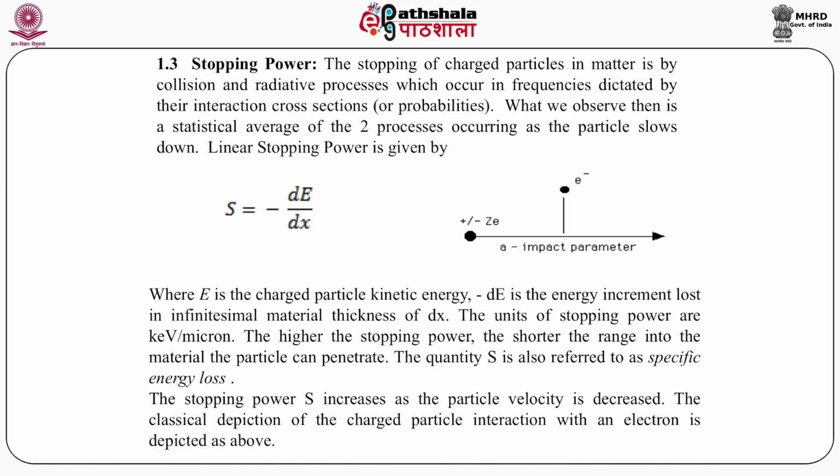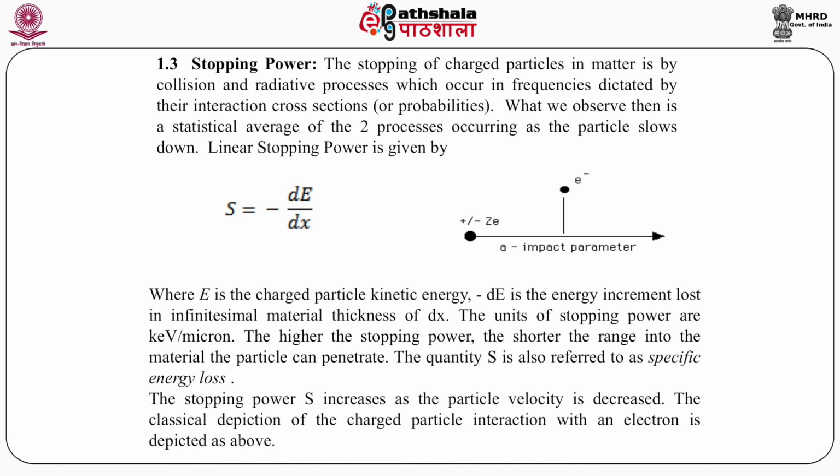The units of stopping power are keV per micron. The higher the stopping power, the shorter the range into the material the particle can penetrate. The quantity S is also referred to as the specific energy loss. The stopping power S increases as the particle velocity decreases.